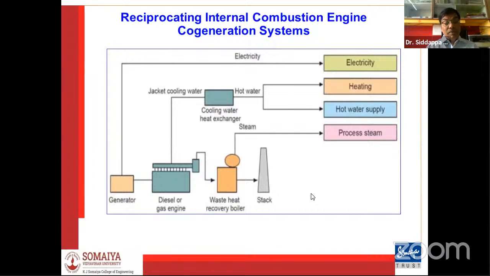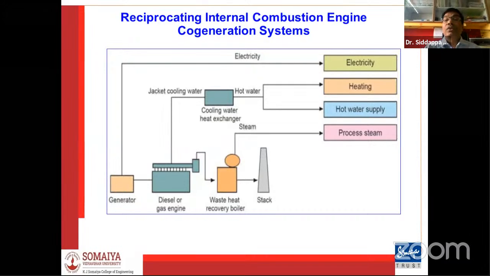Third type, you all know that we run DG sets, diesel generator sets, as power generating units at places where we do not have a grid, or where it is difficult to use grid connections or power transmission lines, like in hill stations or some other places. In that case, generally the diesel generator sets are used as supplementary devices for producing power or electricity.